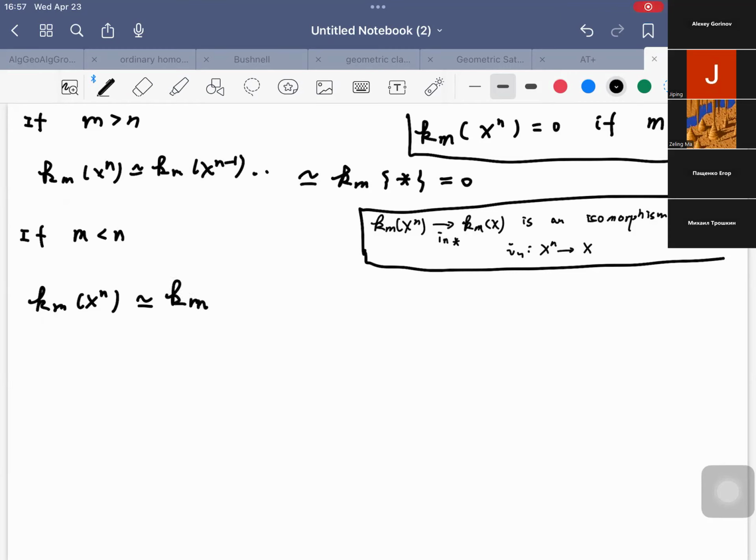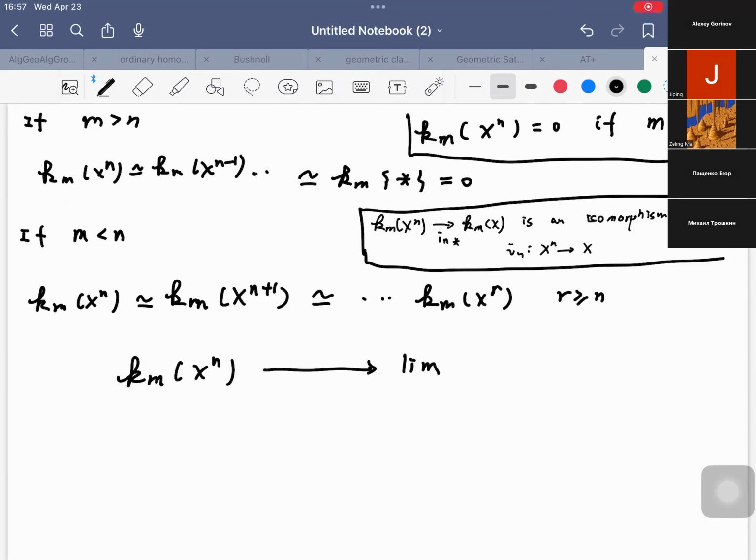So you can show this isomorphism for any R, not for some R. Here we have a commutative diagram, where you consider the direct limit to R, and this map is induced by the inclusion.